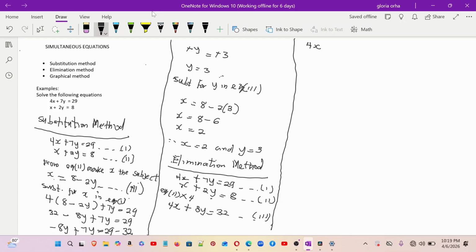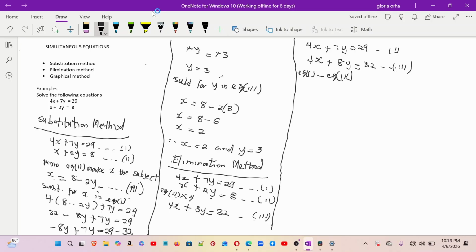This is our equation 1. 4x plus 8y equal to 32. This is our equation 3. If you look at this, the 4x terms are the same thing. So we'll do equation 1 minus equation 3, so that's how we can eliminate this 4x and 4x.